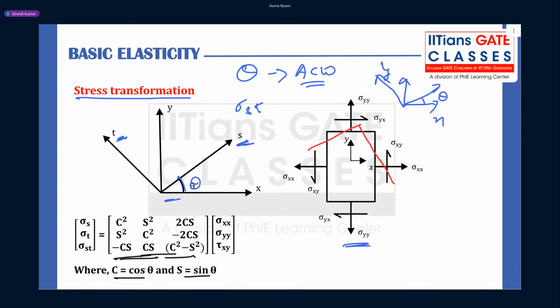Now if you see, this is the S direction and this is the T direction, and this angle we have written as theta. Clear?